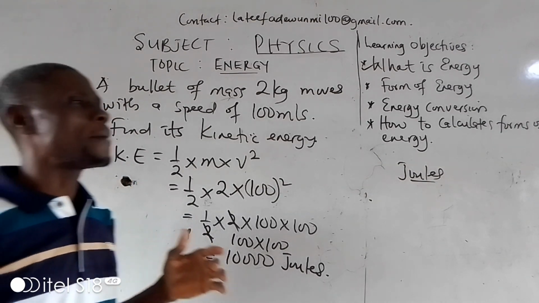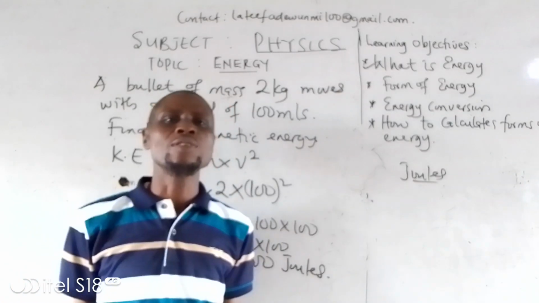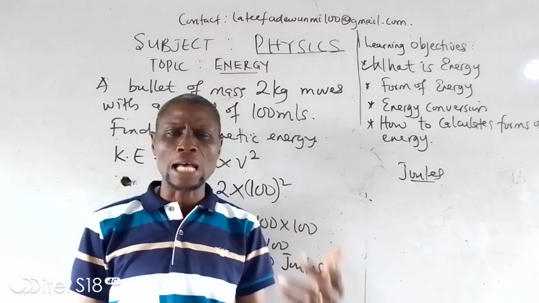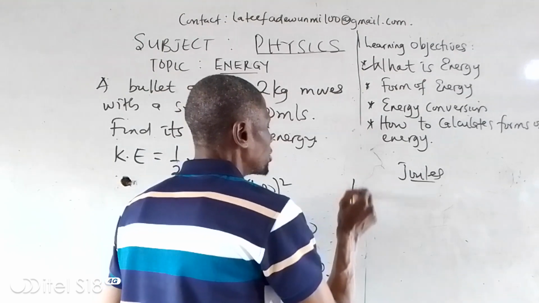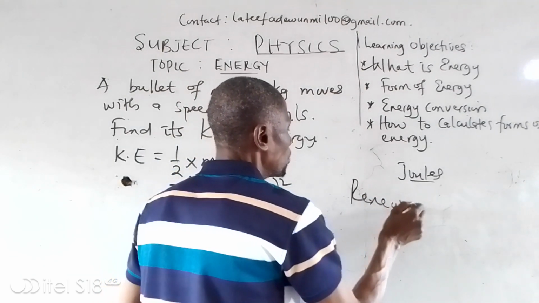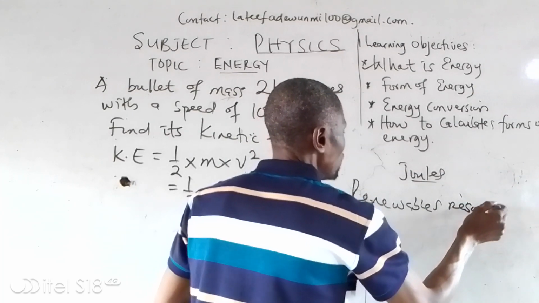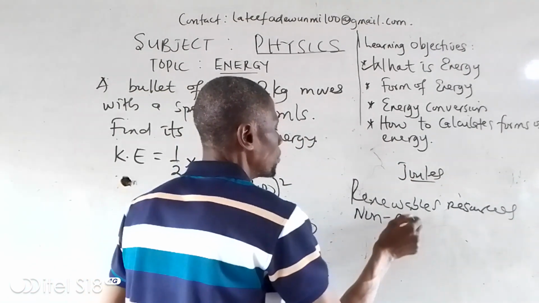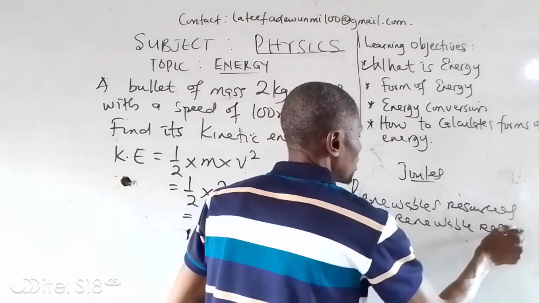Now, what about the world energy resources? We can see that energy resources can be of two types. We have what is called renewable resources of energy. We also have non-renewable resources.